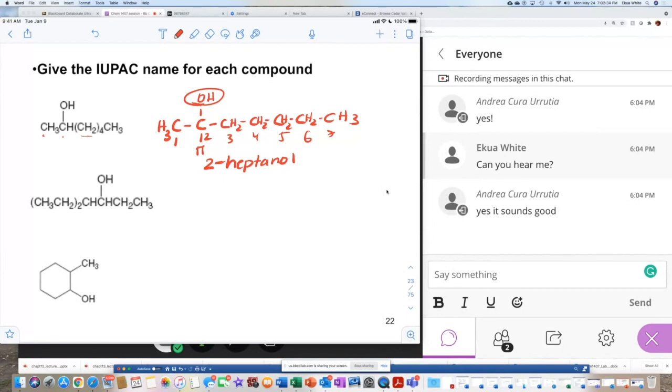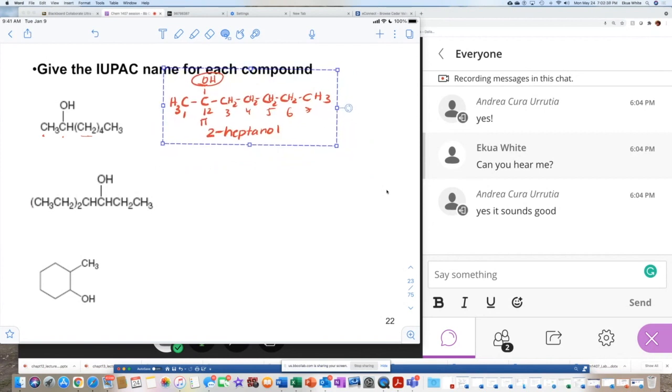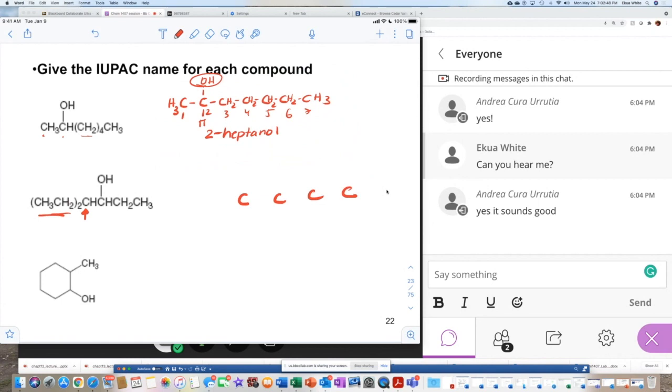This next one, let me make this slightly smaller because I need the space. I don't want to add a page. I'll start with this one here because these are side groups. So 1, 2, 3, 4. I have an OH right here. Then I'll put in all the H's.